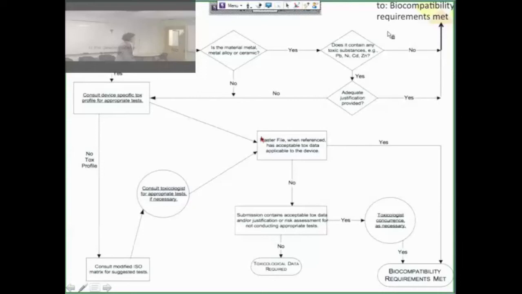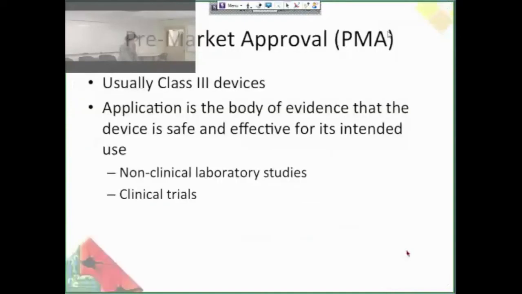So you'll go through ISO and ASTM and see what sort of files and standards they have for you. You'll talk to a toxicologist, and only then are your biocompatibility requirements met. So in the 510(k), and this is true for PMAs as well, at this point, if you've met your biocompatibility requirements, you are generally ready to submit the 510(k), and you can get clearance from the FDA.